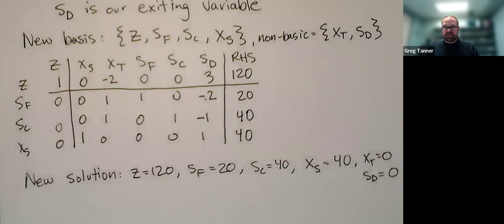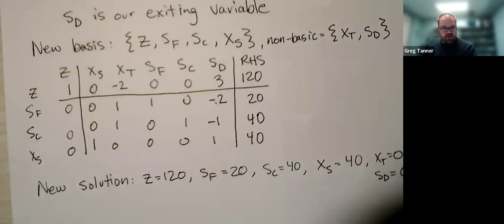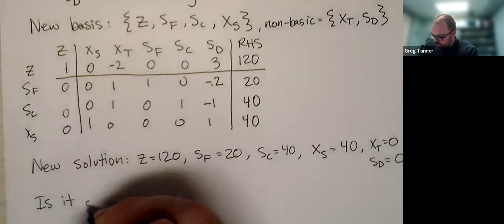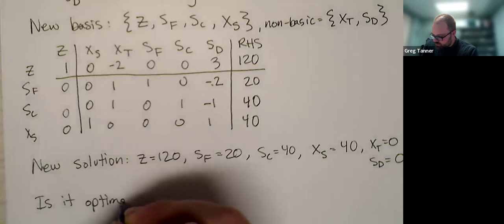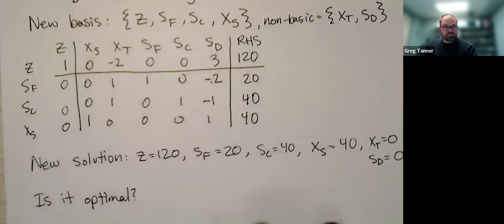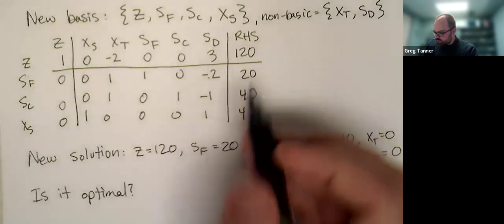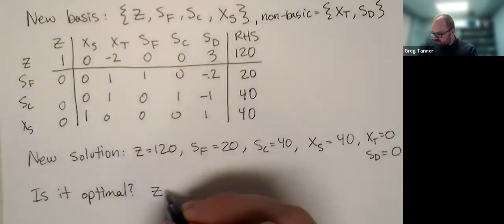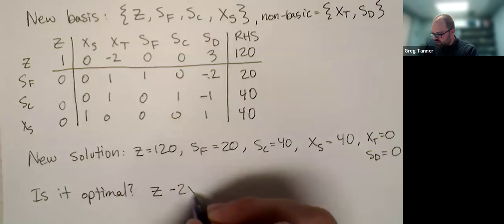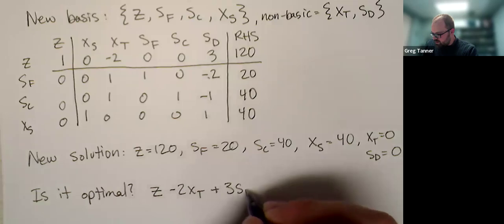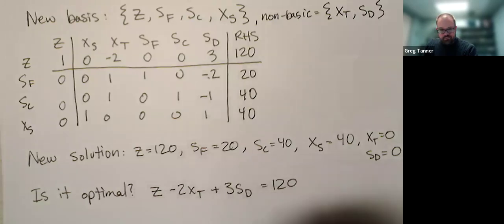So let's ask the same question again: is it optimal? Let's look at this top row. This top row says Z minus 2xt plus 3SD equals 120.